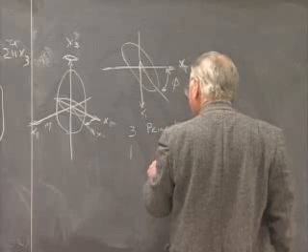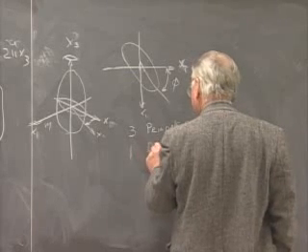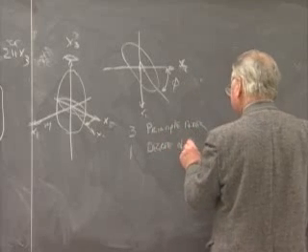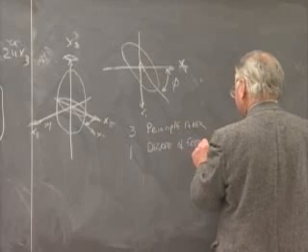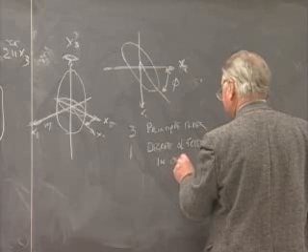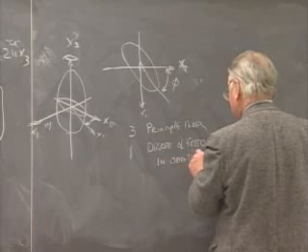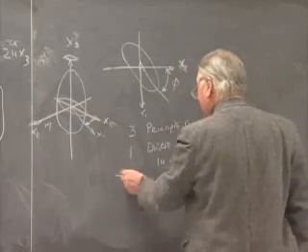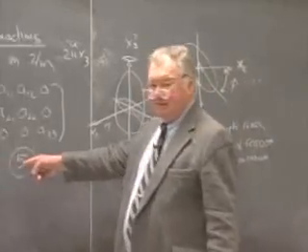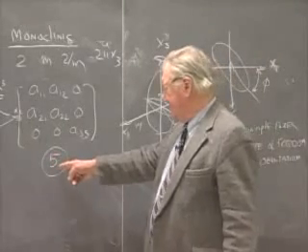We have 1 degree of freedom in orientation. That adds up to 4, but we said 5. So what's going on here?